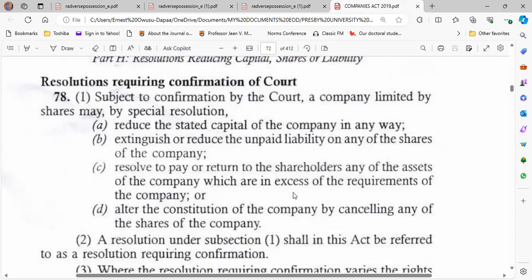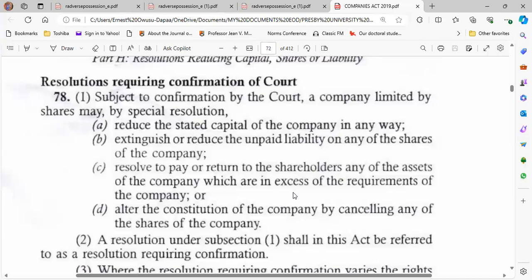Now, the special resolution, which requires confirmation by court, may also relate to a resolution to pay or return to shareholders any of the assets of the company which are in excess of the requirements of the company. The company may become so successful that it may get to a point that the company will say, okay, let us reach a deal.